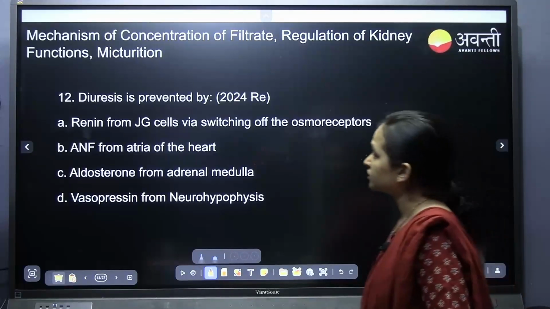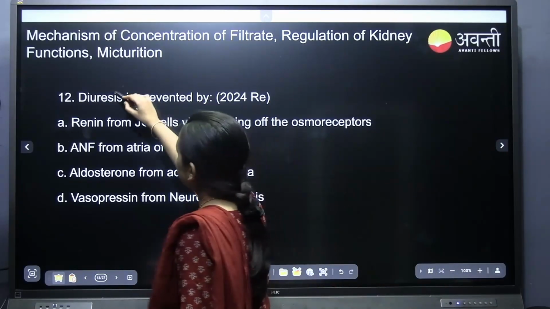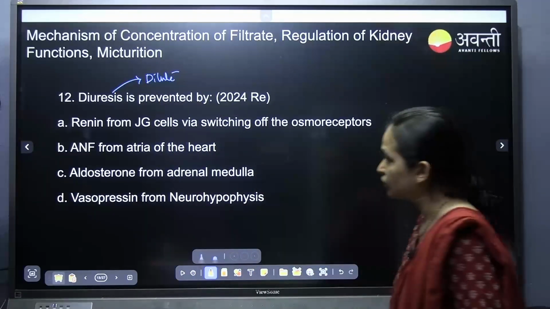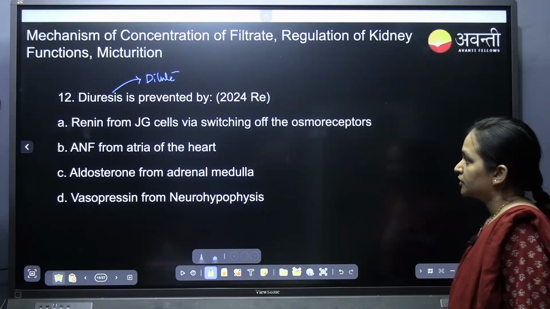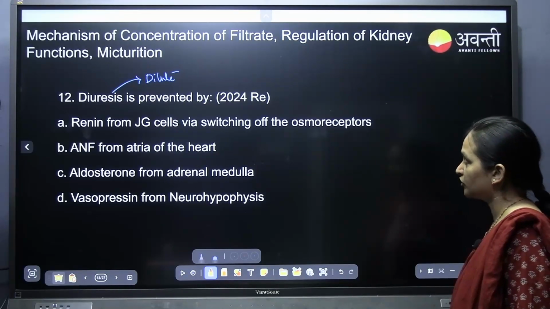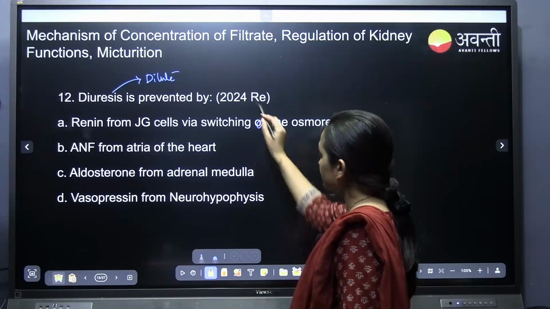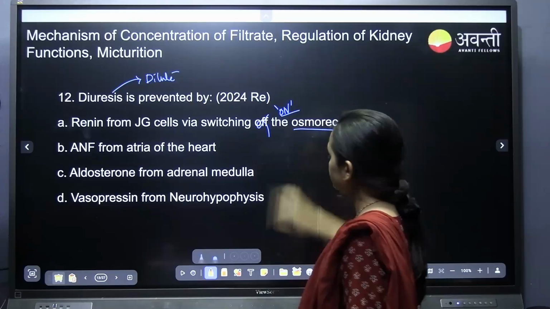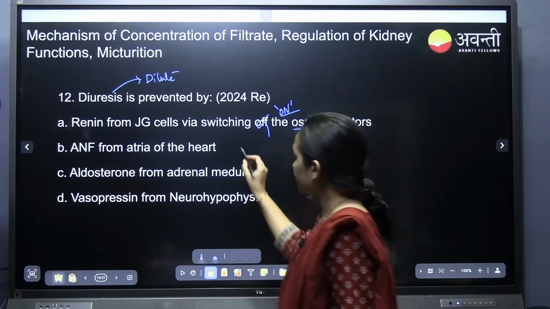Okay. So, diuresis is prevented by which? Diuresis means dilute, more urination. Renin from JG cells via switching off the osmoregulators? If there is diuresis, the JG cells and osmoregulators will be switching on. ANF from atria, that actually dilutes it.